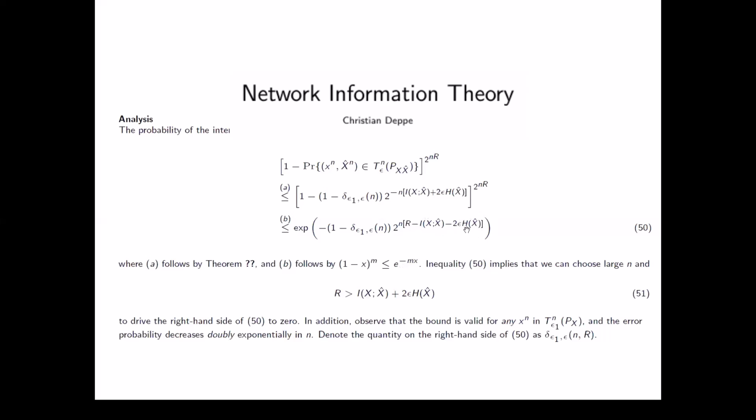So we have to choose R greater than the mutual information of x and x hat plus 2 times epsilon times the entropy of x hat. And you see exactly this is part of the formula, because epsilon can be chosen arbitrarily small, so you can remove it, and then we remain with the mutual information between x and x hat. So here everything is fine, because we can choose our rate in this way.